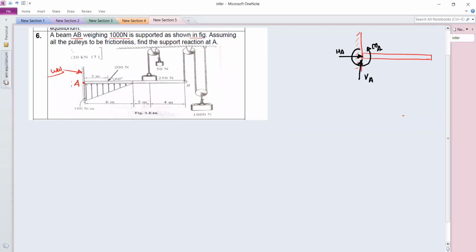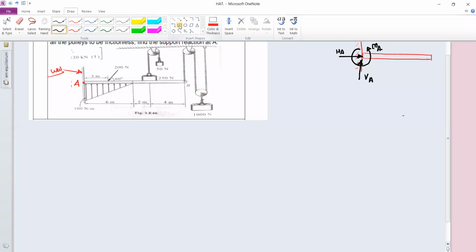So first step will be we should draw the free body diagram for the beam AB. So you can draw that beam AB as it is.